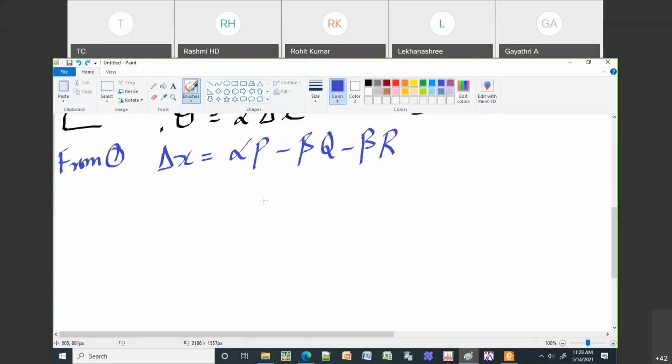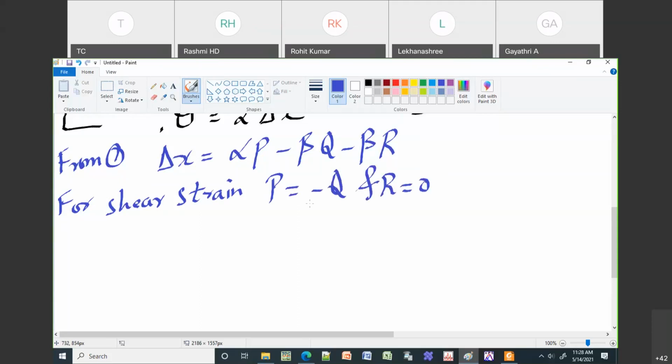But here, for shear strain, we will consider P is equal to minus Q and R will be equal to 0, because I need only two forces. P force is equal and opposite to the Q force, and the third force is not present, so R is equal to 0.